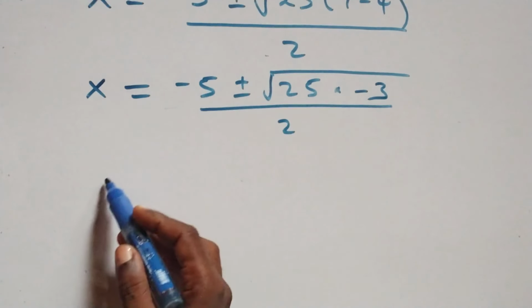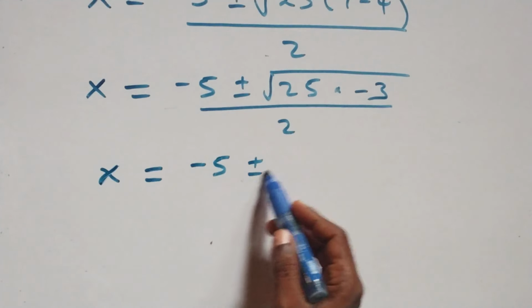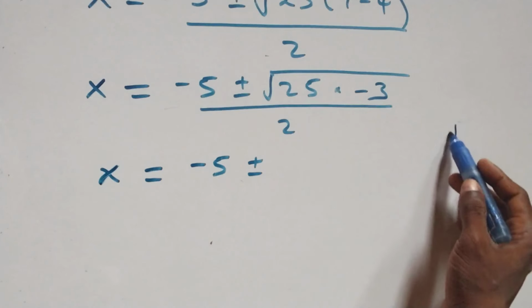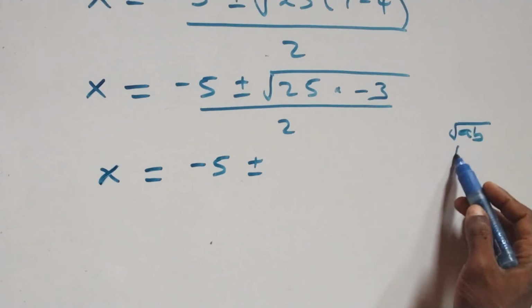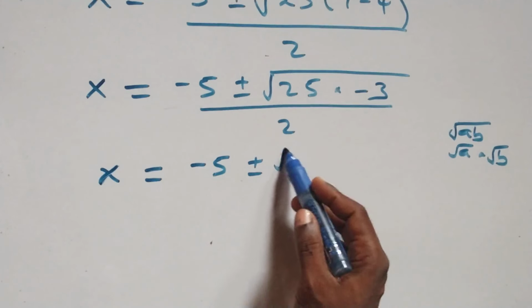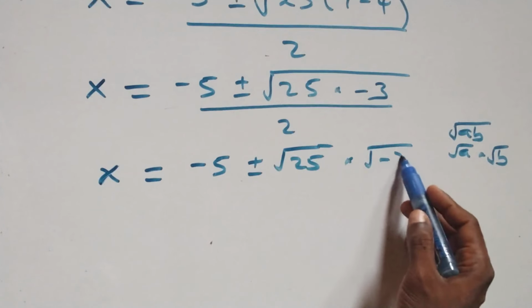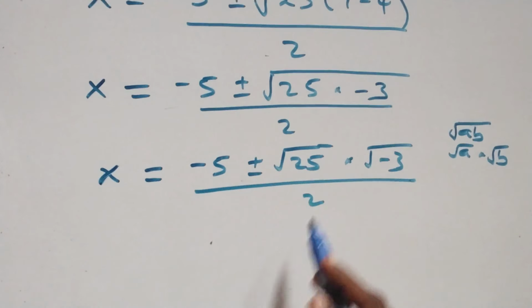That is, here we have x equals minus 5 plus or minus, when we separate this from root of a times b, which can be written as root a times root b, we have root 25 times root minus 3 all over 2.